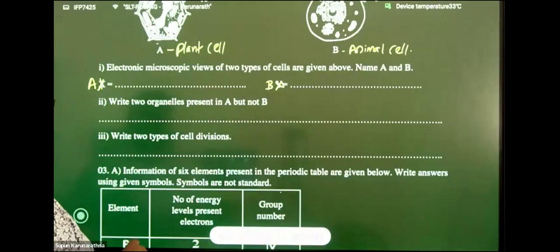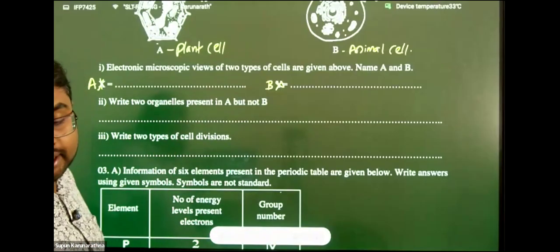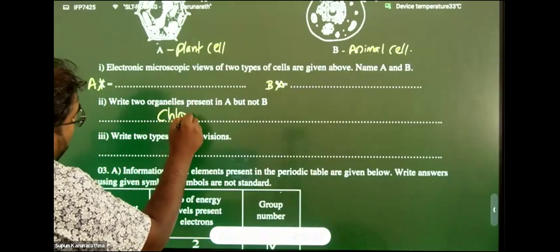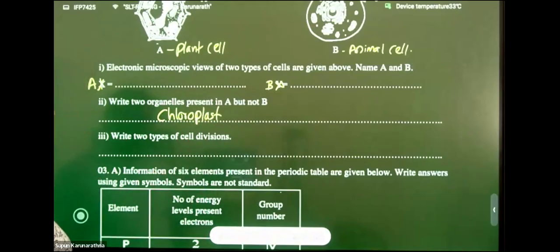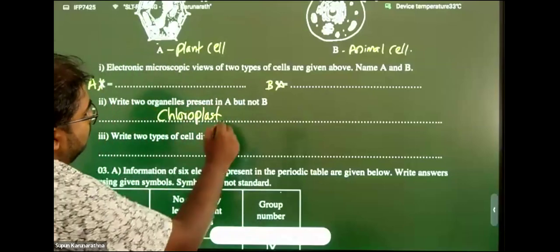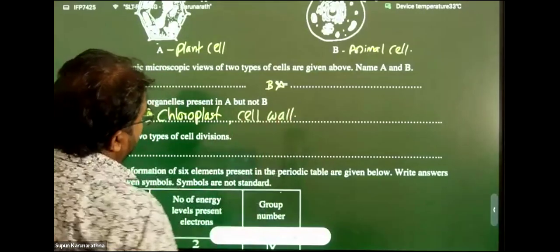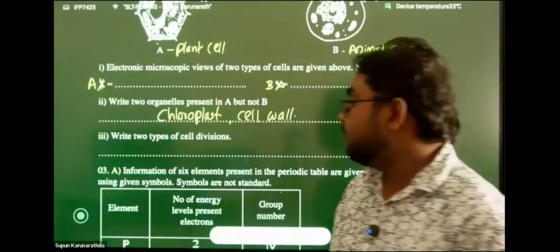Write the two organelles present in A but not in B. A has chloroplast. Chloroplast helps in photosynthesis, and also the cell wall. Chloroplast and cell wall.